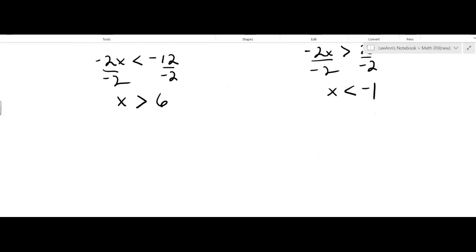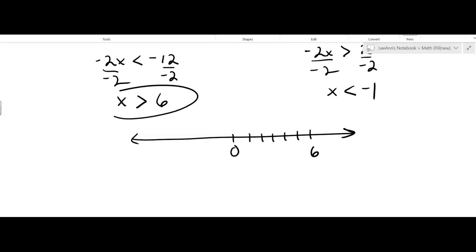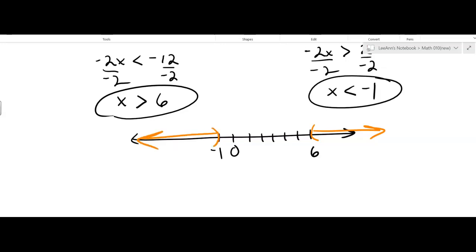If we were graphing this, on a nice big number line, 1, 2, 3, 4, 5, 6, x is greater than 6, so parenthesis at 6 and going off that way. And then at negative 1, we're saying x is less than negative 1, so we're talking about a parenthesis at negative 1 and going off in that direction.